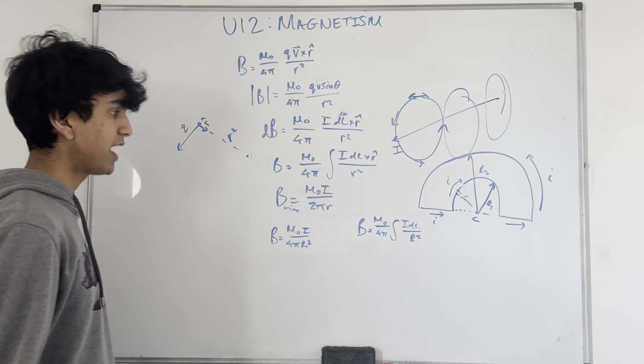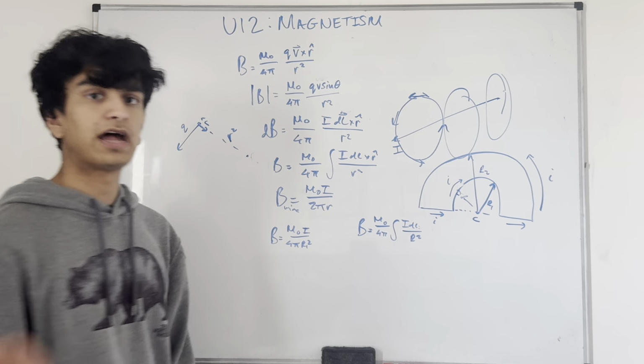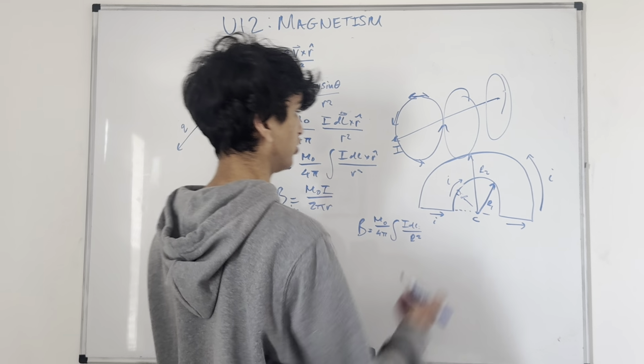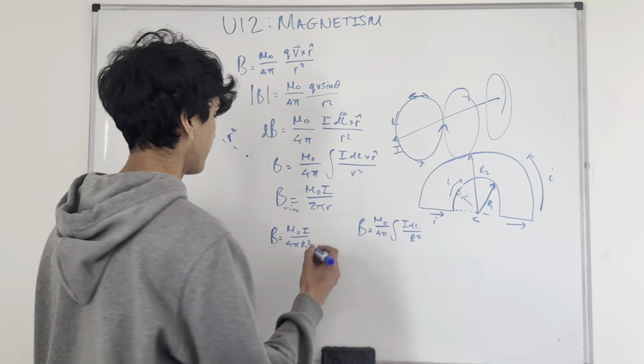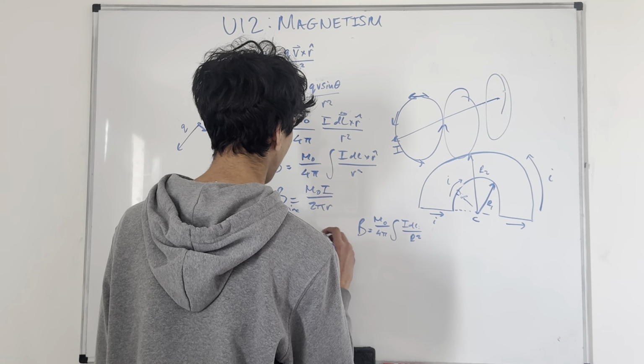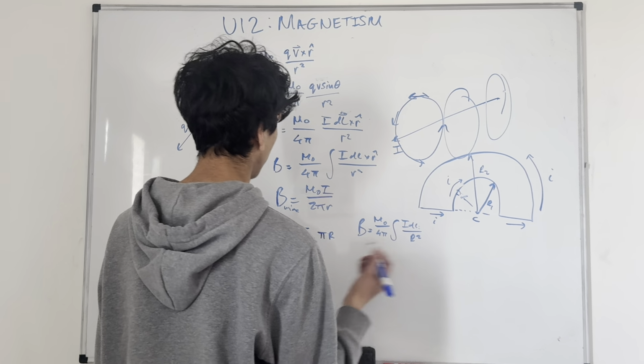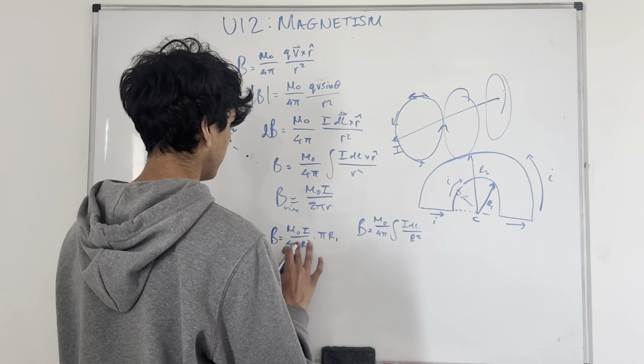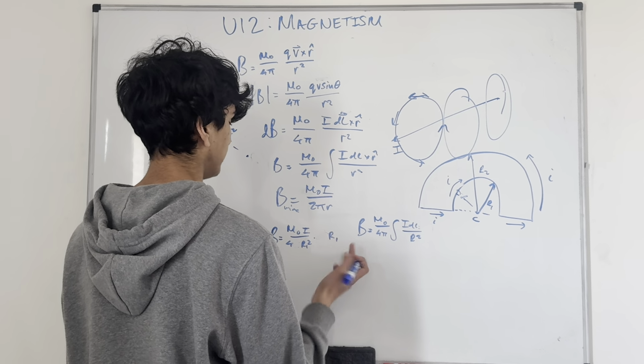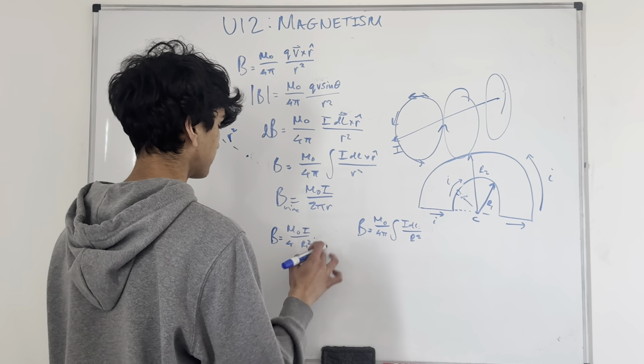But now if I integrate dl, that's just the length, which is half the circumference, just pi r1. So the pi's drop, and one of the r's drops too.